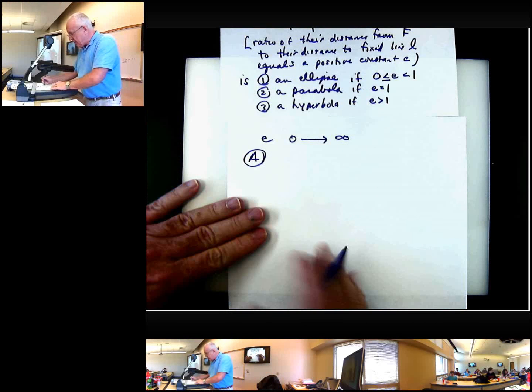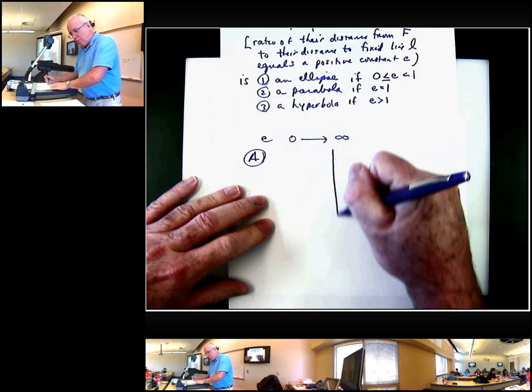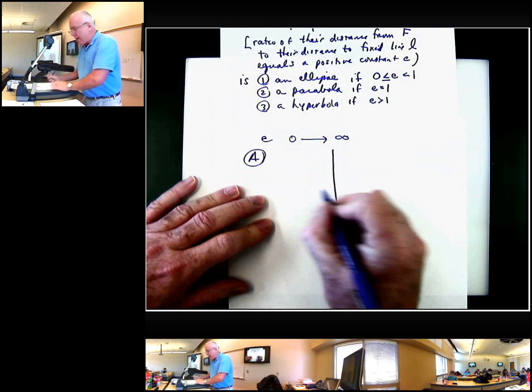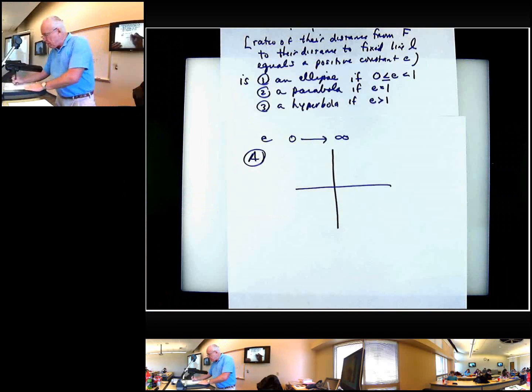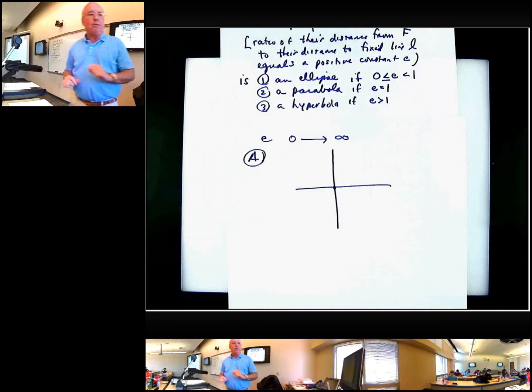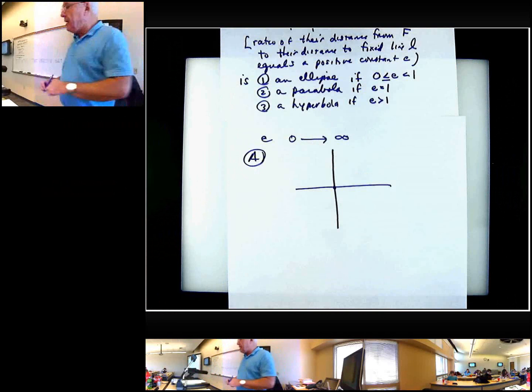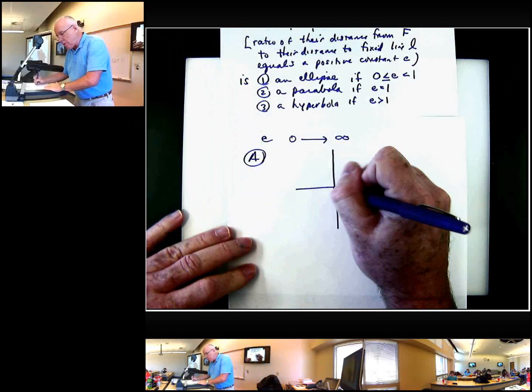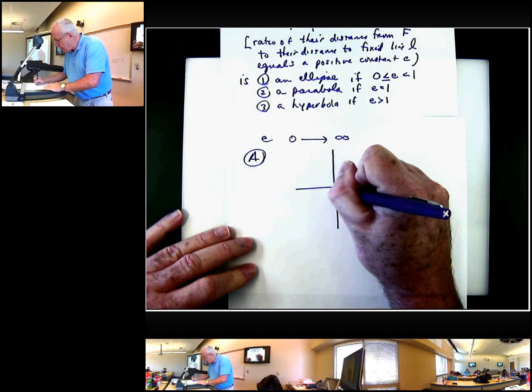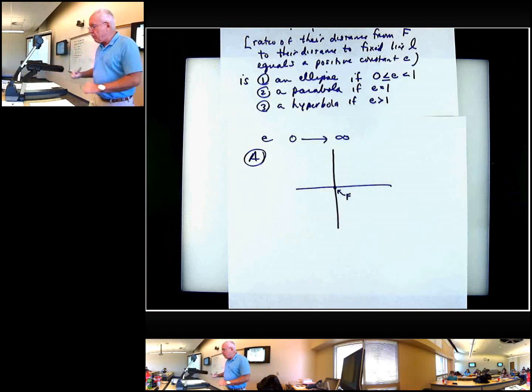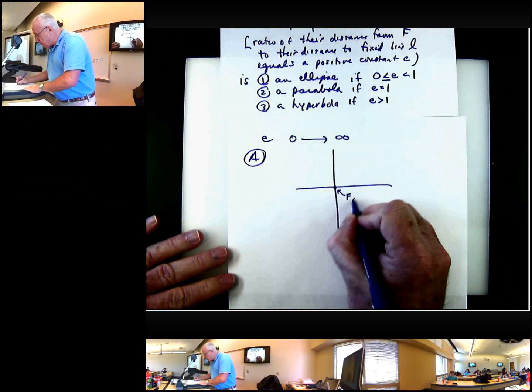With case A, and this one I had put on the board before, let's draw our axes here. And remember, we are assuming that one focus is at 0, 0. So right here, capital F, that's our focus at 0, 0.